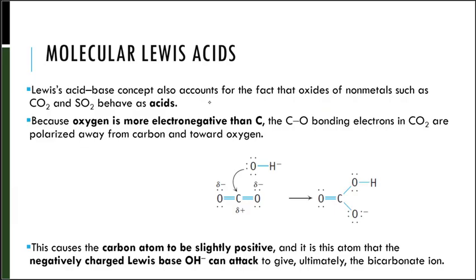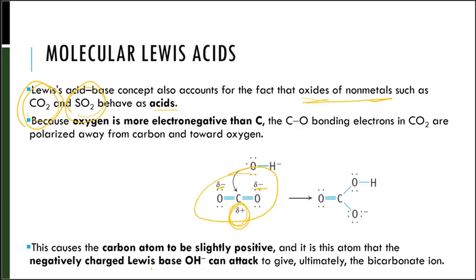The Lewis acid-base concept also accounts for the fact that oxides of nonmetals like carbon dioxide and sulfur dioxide behave as an acid. Here's CO2. We know that in CO2, oxygen is more electronegative than carbon. So both of the O ends of this compound are slightly negative, leaving that carbon slightly positive.